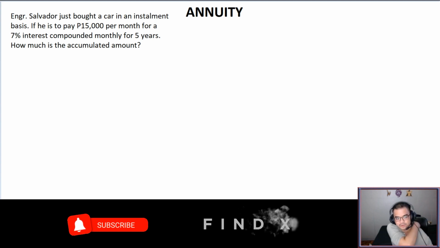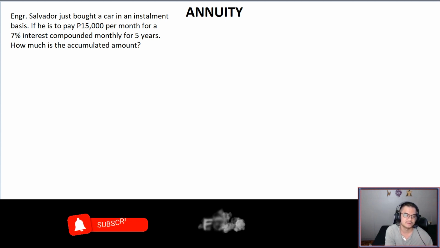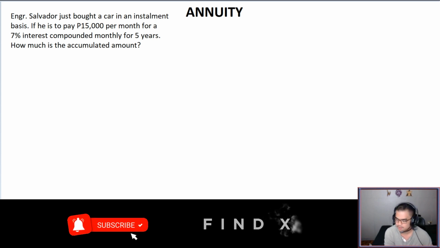So we have, Engineer Salvador just bought a car on an installment basis. If he is to pay 15,000 per month for a 7% interest compounded monthly for 5 years, how much is the accumulated amount? So as you can see, this happens in real life.